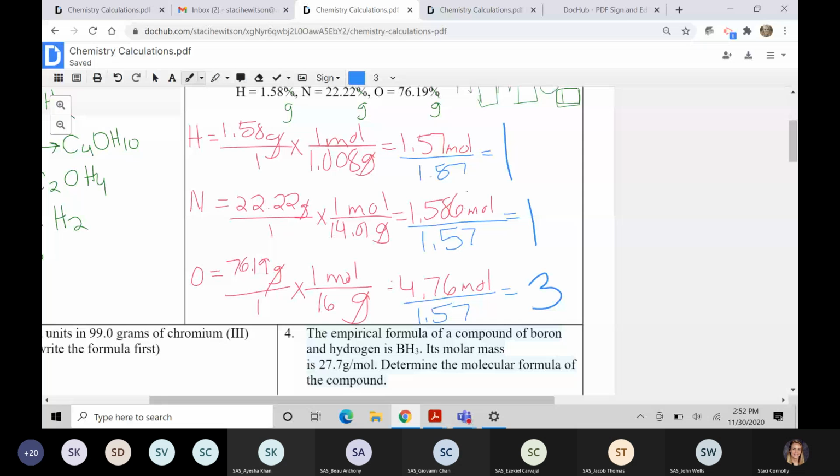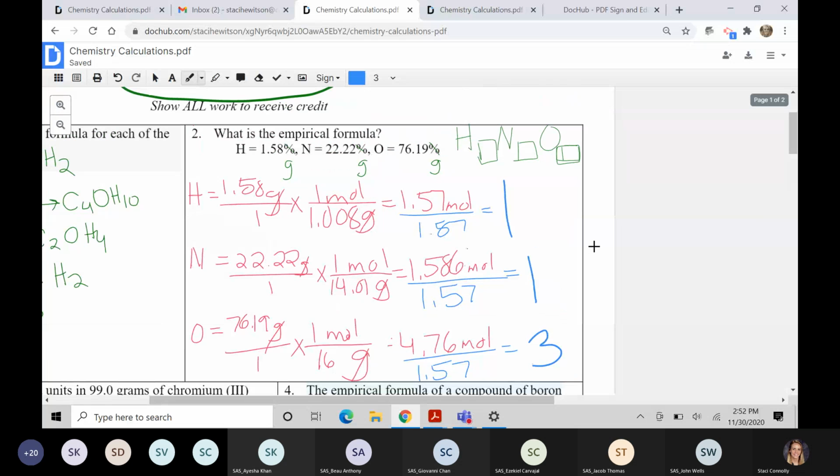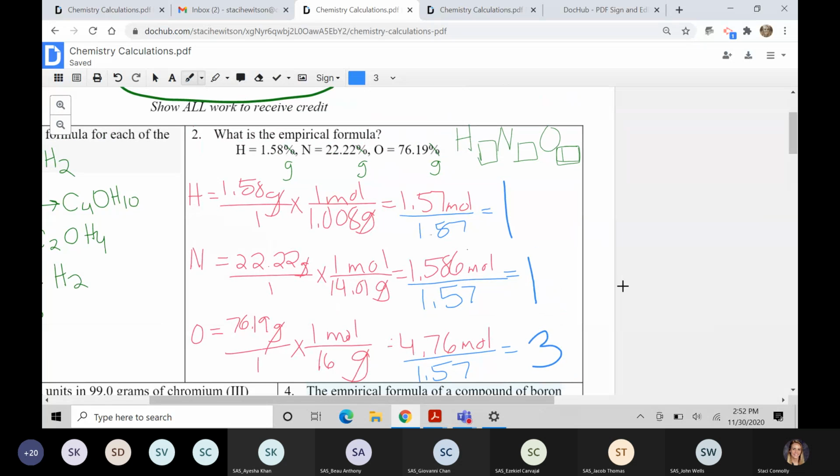Okay, now these are our subscripts. You should always get whole numbers at this step, or if you remember from our notes, on page 22, sometimes you can get something like 1.5 or 2.5. If that is the case, then you would have to double your subscripts, but you should either get a whole number or something point 5. So our subscripts are going to be H1 and N1, and O3.